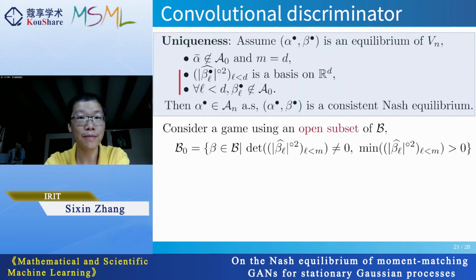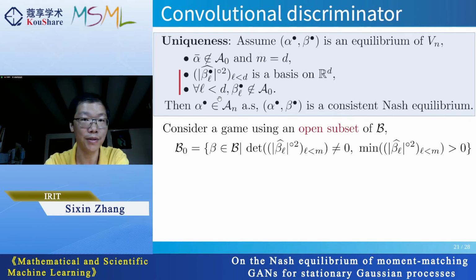Now, what's more interesting is uniqueness. That means if we have an equilibrium, then it is a consistent Nash equivalent. These are the sufficient conditions that I find here. The relevant ones are the last two, and they basically say that beta dot should not be degenerate.